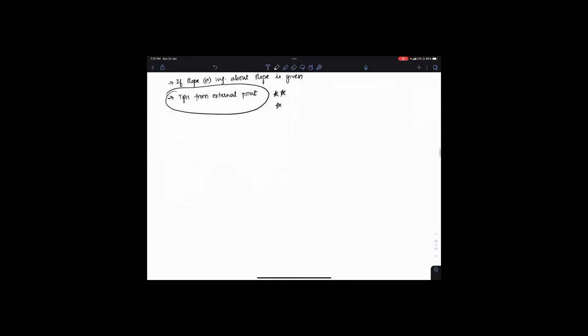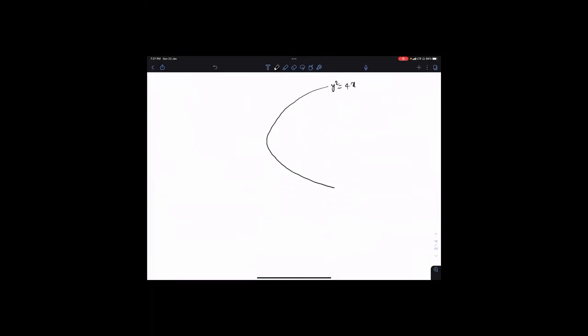How, sir? Let us take one example, like y square equals to 4x. For this parabola, I will take an external point, let's say minus 3 comma 2.